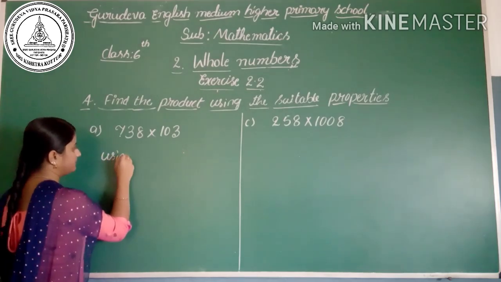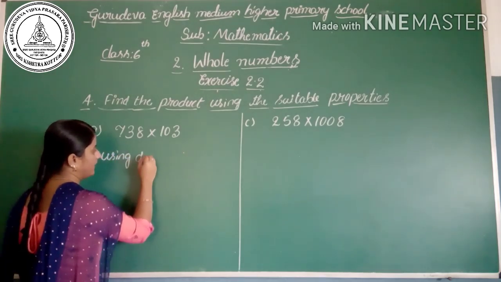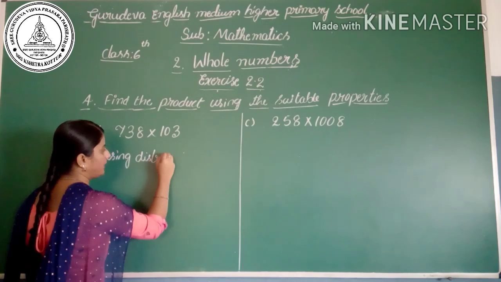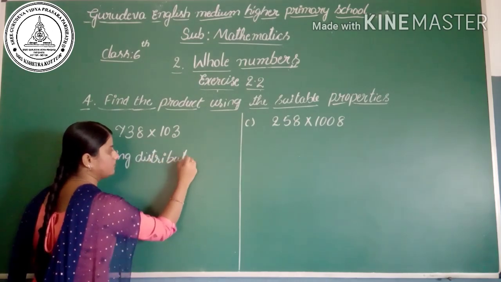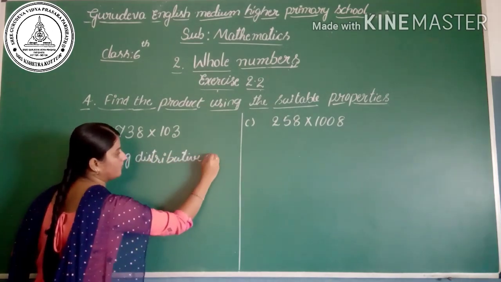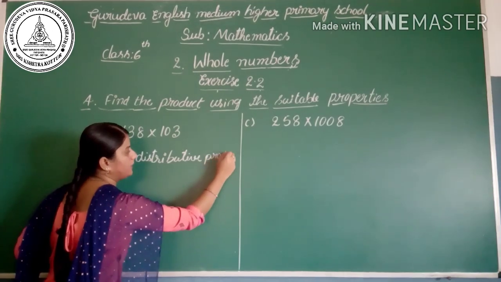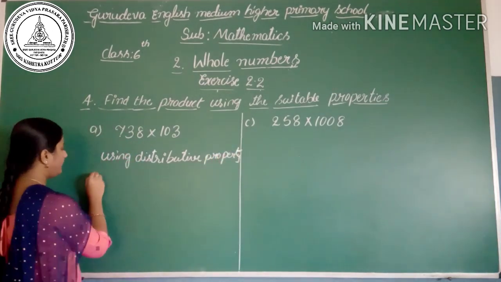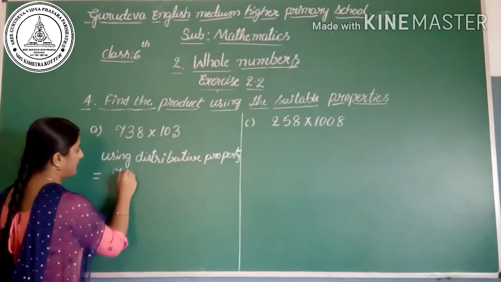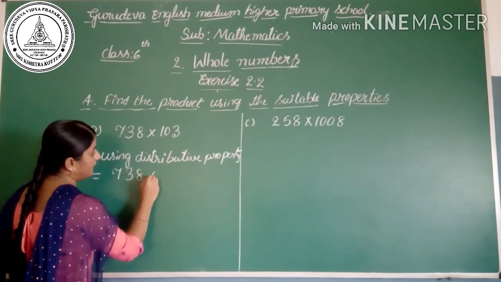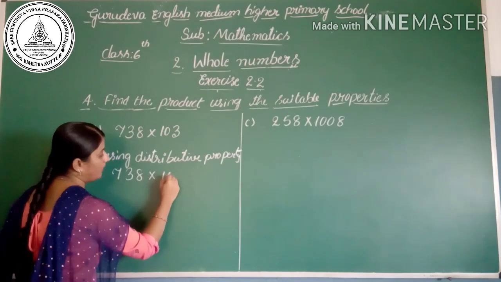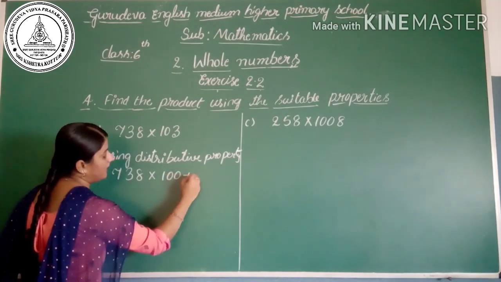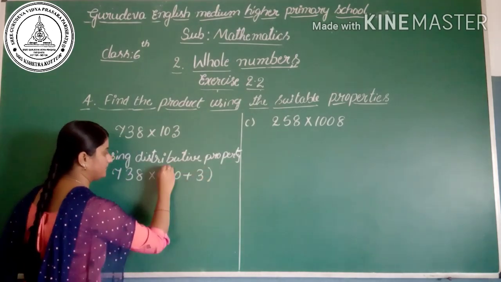Using distributive property, how can we write? Which is equals to 738 into 103.